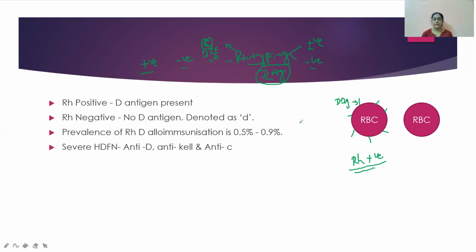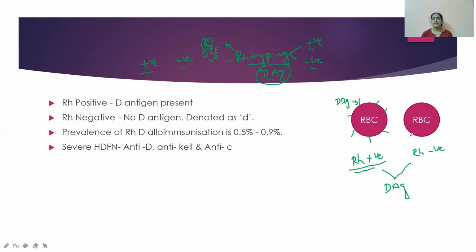Suppose there is another individual whose RBC doesn't contain this D antigen on the surface. Then this person is called Rh negative. So Rh positive and Rh negative depend on the presence or absence of D antigen. If D antigen is present on RBC, then the person is called Rh positive.